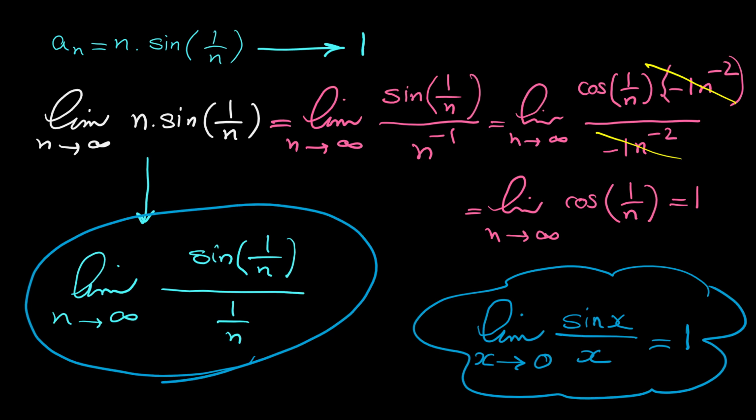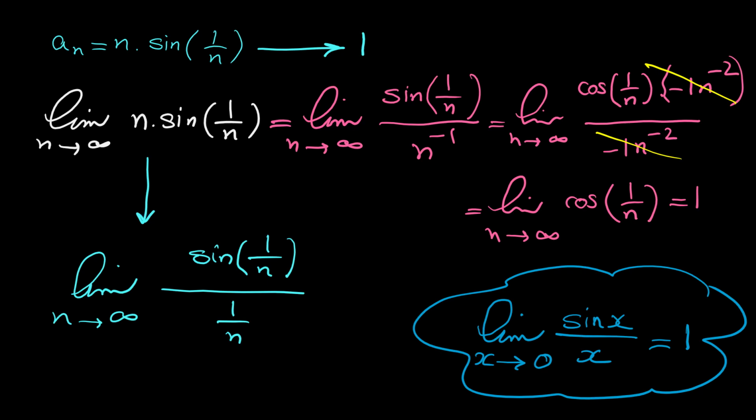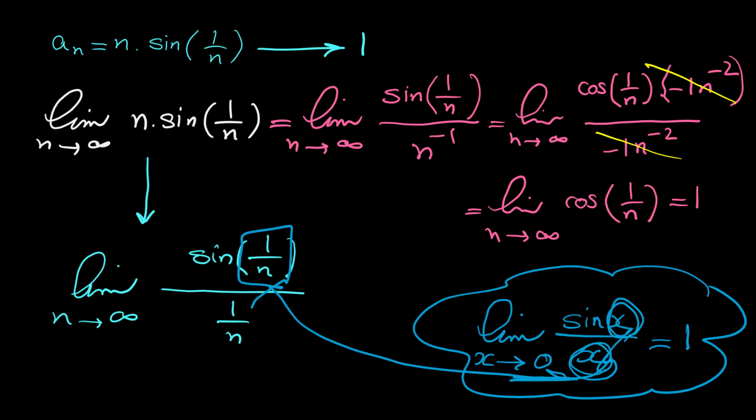But maybe you think, this is n approaches infinity, but this was about 0. Yes, you are right, but attention. The limit of sine of x over x holds when whatever is here approaches 0. Now look at these expressions here: 1 over n and 1 over n when n approaches infinity.